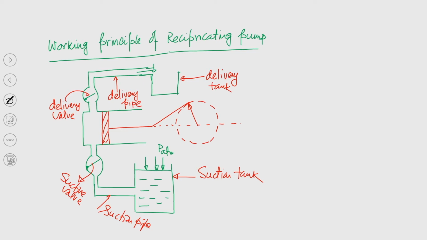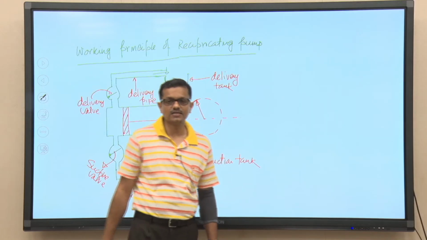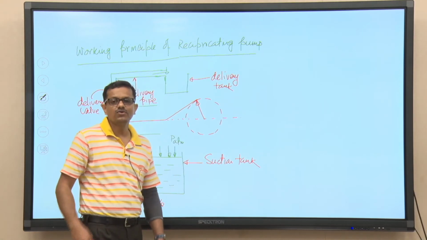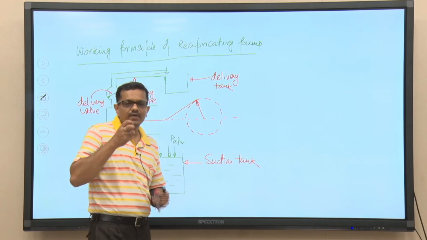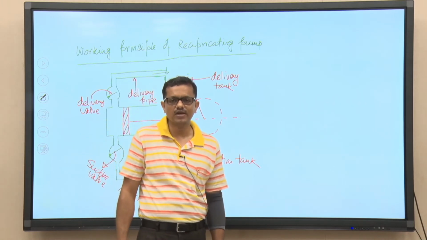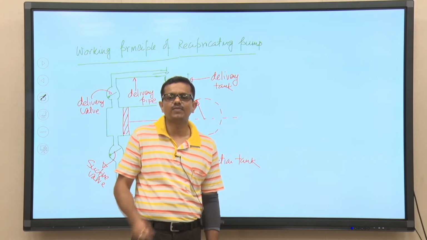Now, using the schematic depiction we will try to explain the working principle. As I just said, you have all seen the reciprocating pump physically in a bicycle shop. When you need to push air into the tube of the cycle wheels, you take the help of a reciprocating pump.